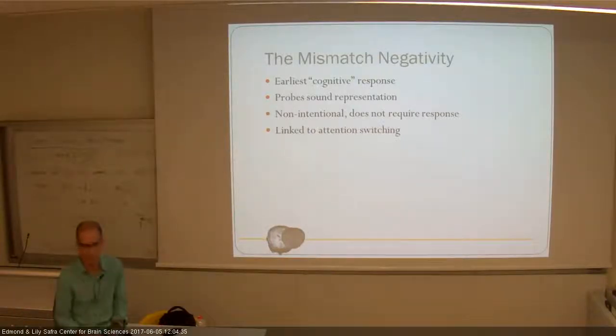So I don't have to say too much to convince you that this is really a rich ground for studying things that have to do with regularity and deviation and predictions and prediction errors and so on. So that's one thing, but the other thing is that it allows us to figure out which type of information we process without paying attention to the stimuli.